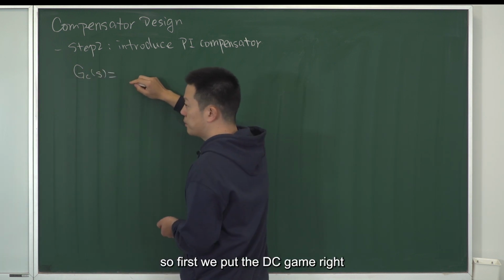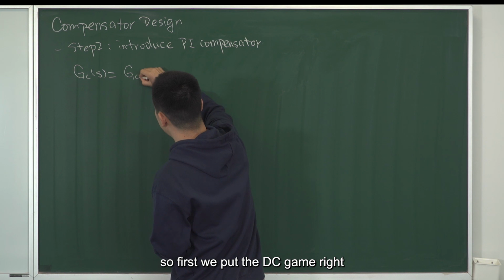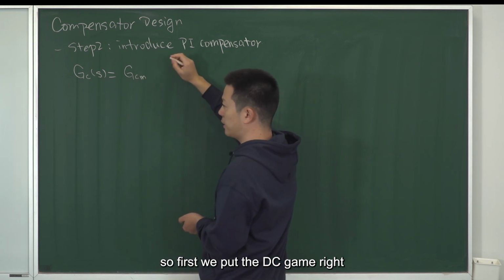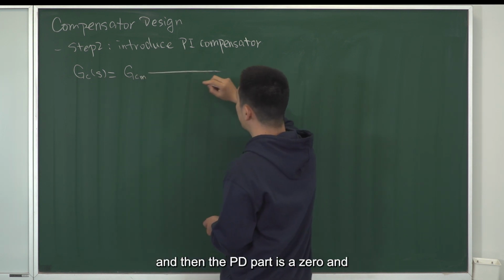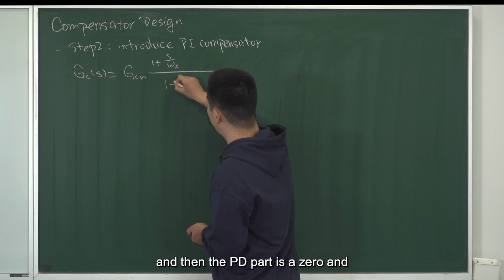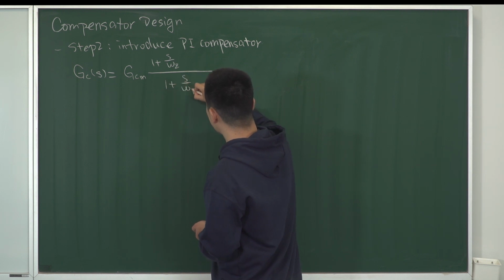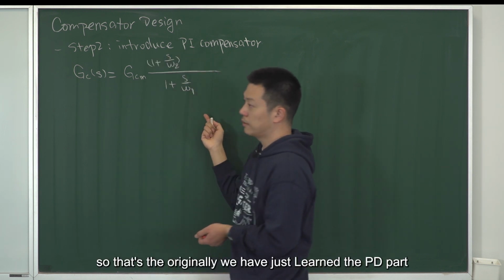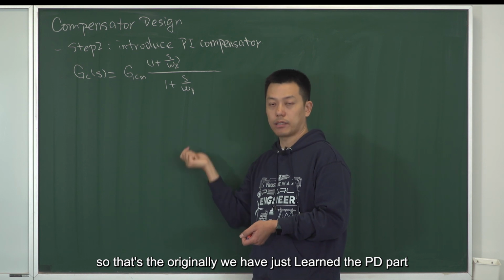So first we put the DC gain, and then the PD part with a zero and a high frequency pole. So that's what we have just learned, the PD part.